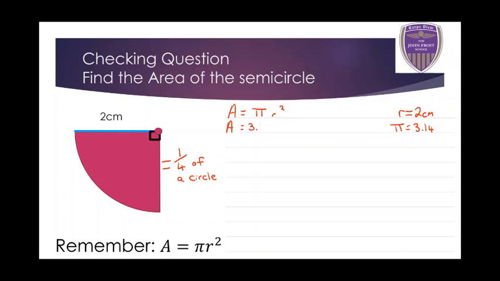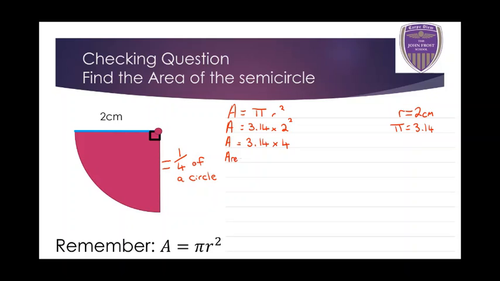Area equals 3.14 times 2 squared, because r is 2. 2 squared is 4, so area is 3.14 times 4. I'm not going to do the box method because this was actually one of the examples.